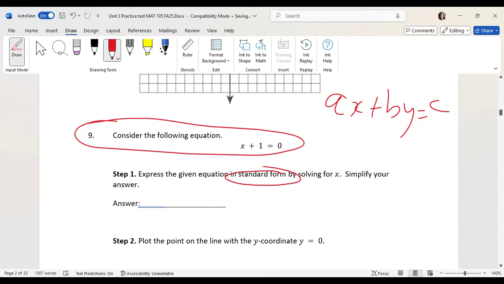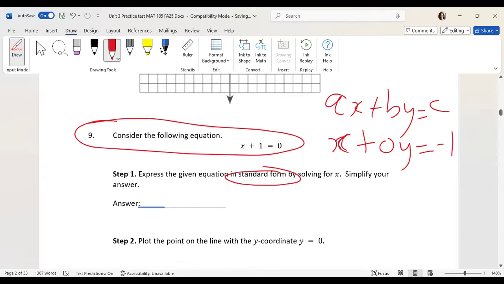So I'm just going to put x there. All right. Then there is no y, so I'm just going to have 0y. And C is going to be -1. So I have written the equation in standard form.